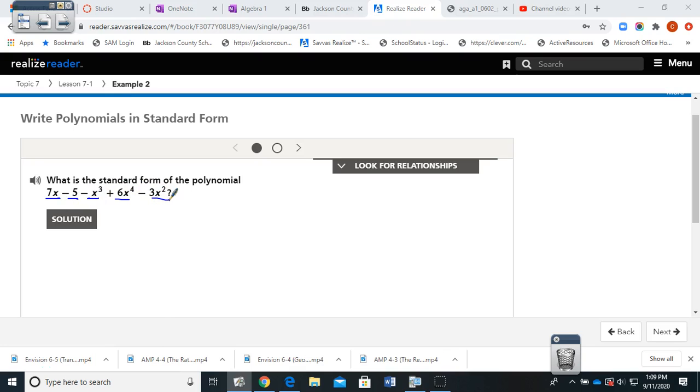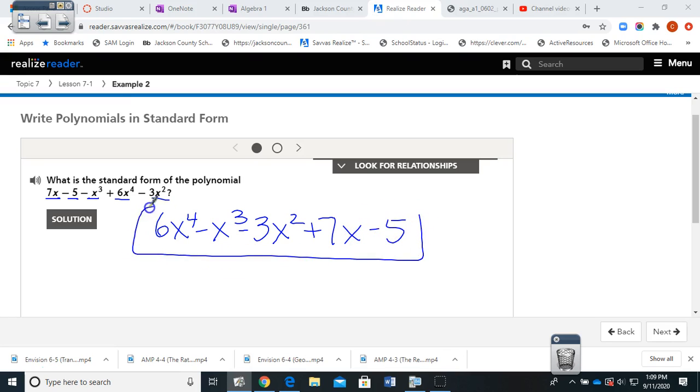Which of those terms has the biggest degree? 6x to the 4th. That's what you need to write down first. Which term has the next biggest degree? Negative x to the 3rd. What's my next biggest? Negative 3x to the 2nd. My next biggest? 7x. And finally, my constant is negative 5. That is standard form.